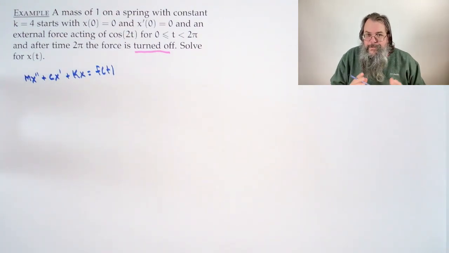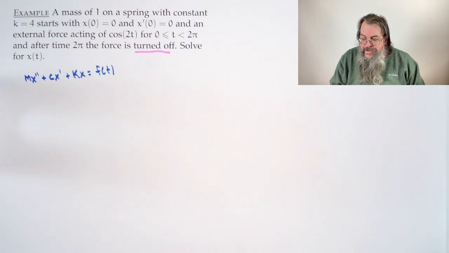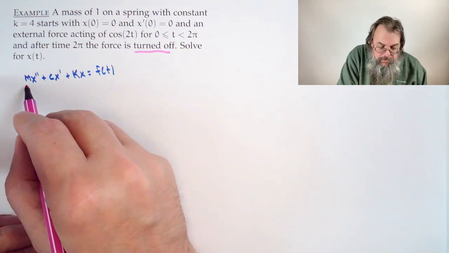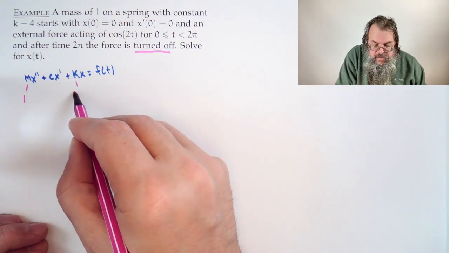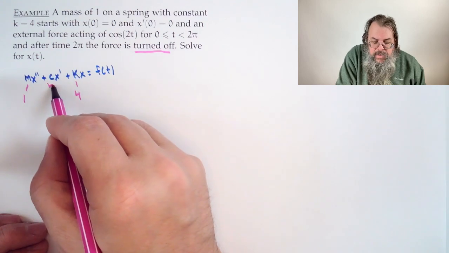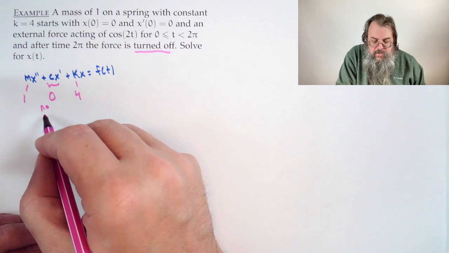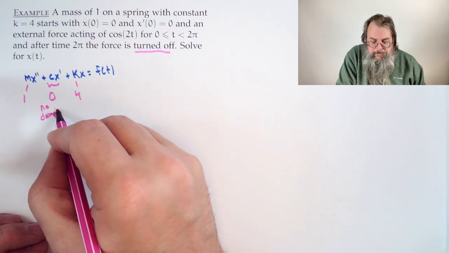So, right, we have all these pieces. It's good in case we need them again, like on a final or something. The mass is 1. Spring constant is 4. No damping is mentioned, so this will be 0, since there's no damping given.